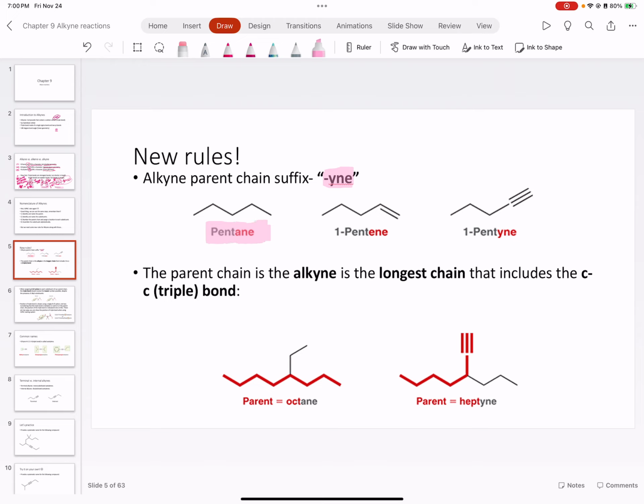If your parent chain contains a double bond, it's going to be pentene. And in this case, if your parent chain contains a triple bond, it's going to end in pentyne. So the parent chain of the alkyne is the longest chain that includes the carbon-carbon triple bond.